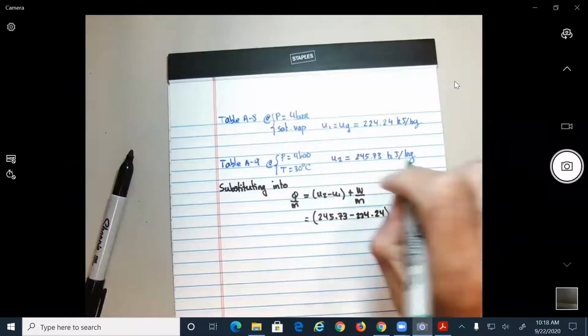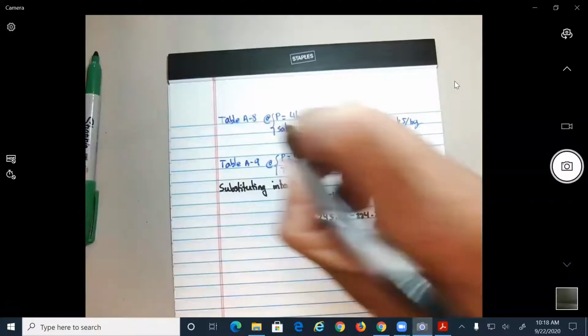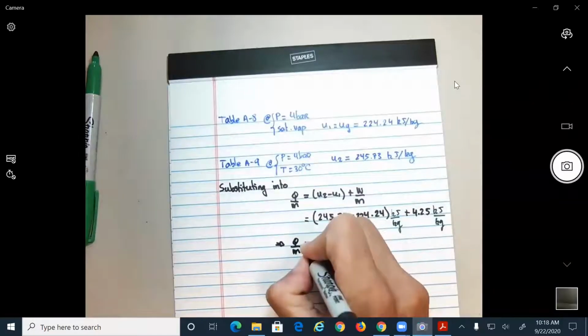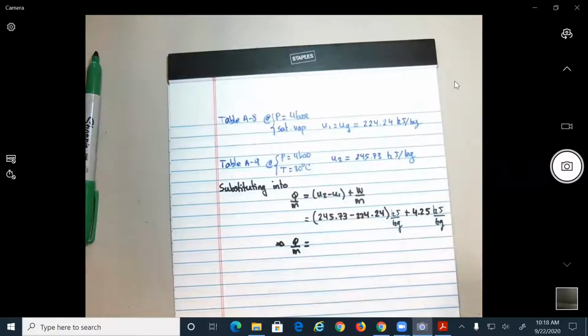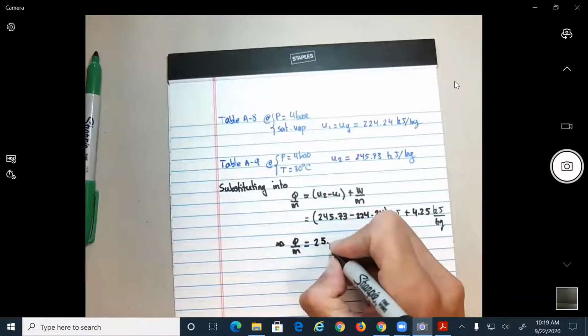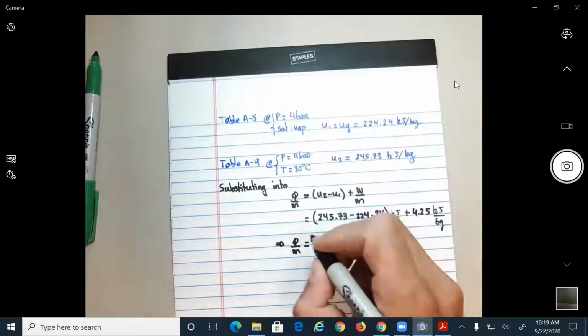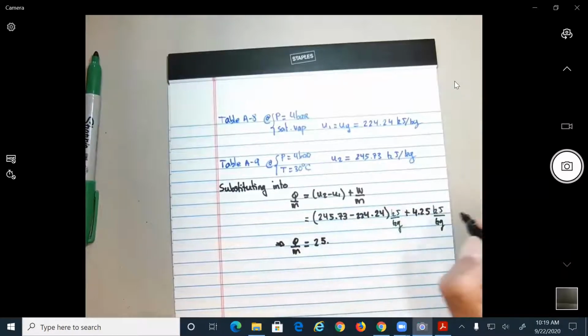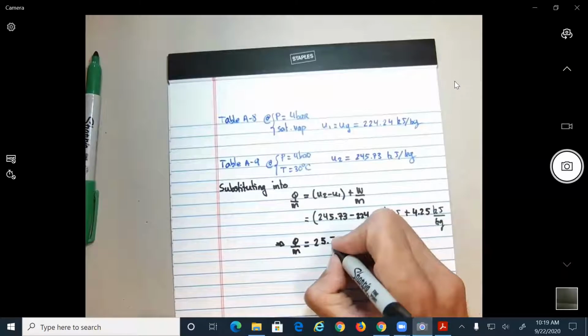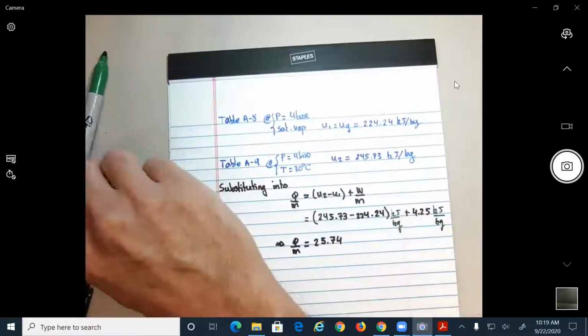Okay, so this gives us that the amount of heat Q sub M is 25.74 kilojoules per kilogram. If you want to check, it's not that clear on my notes, but I'm not that concerned about the value.